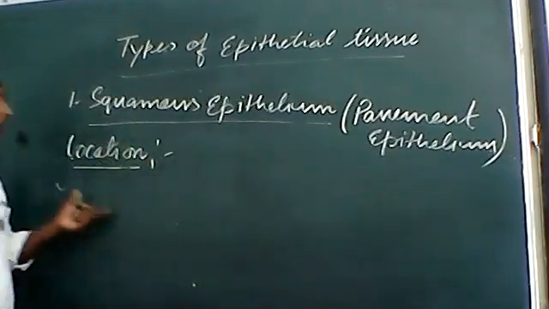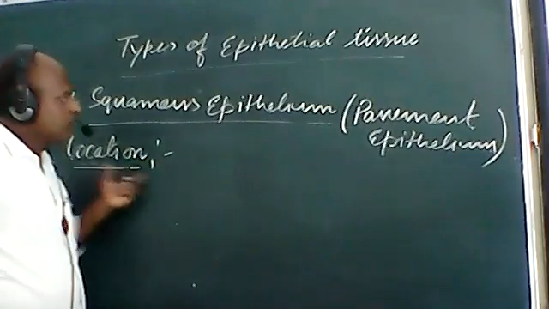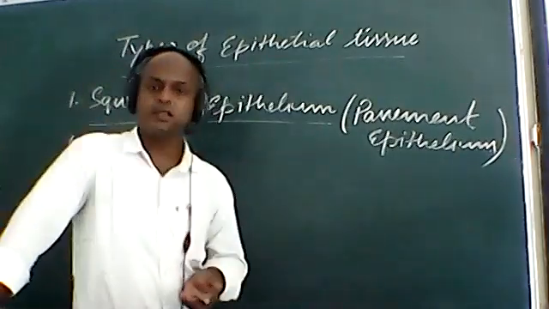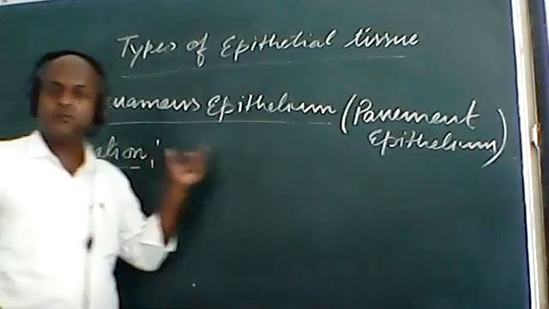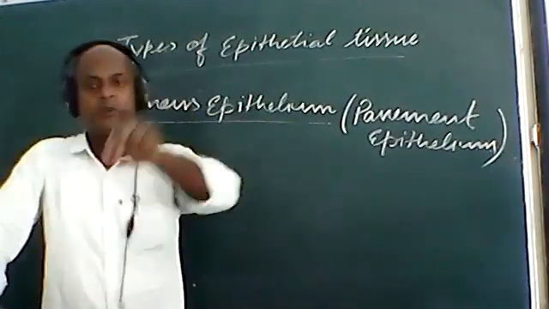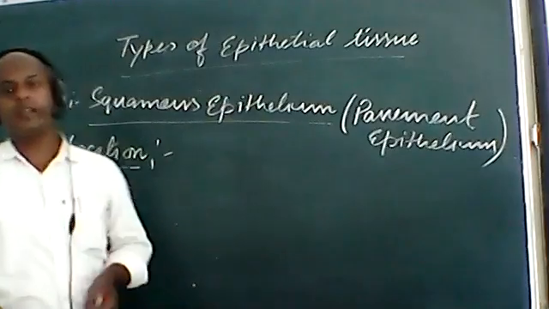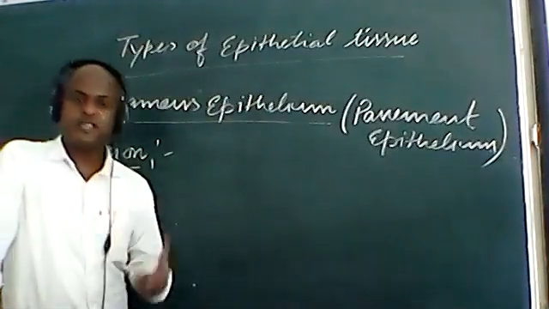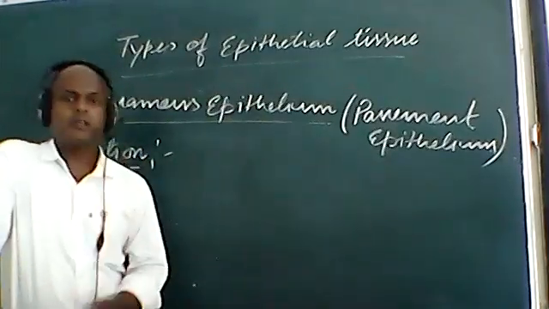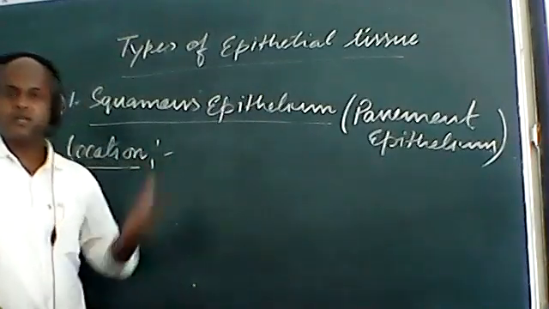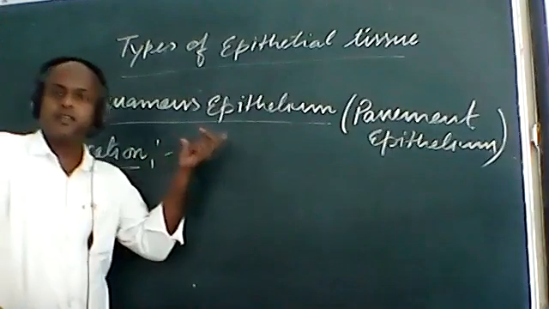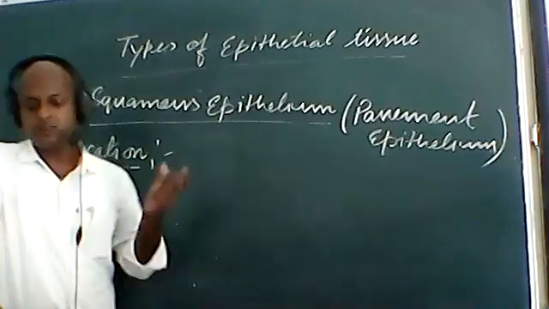So we can say how this squamous epithelial tissue is present in our body. If you are asked a question where there is presence of squamous epithelium tissue, and they mention a body part like lining of nose or Bowman's capsule or other organs, pericardial cavity, and ask which type of epithelial tissue is present, then very simply you can say that there is presence of squamous epithelial tissue.